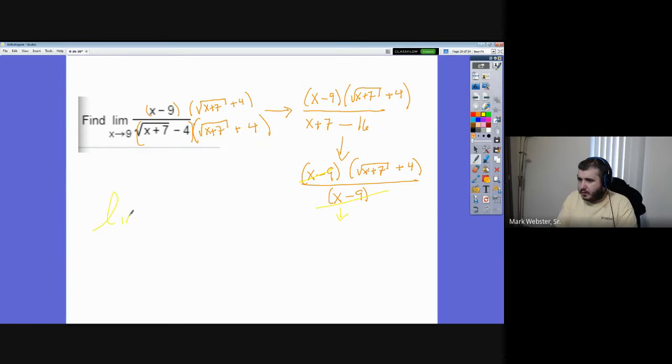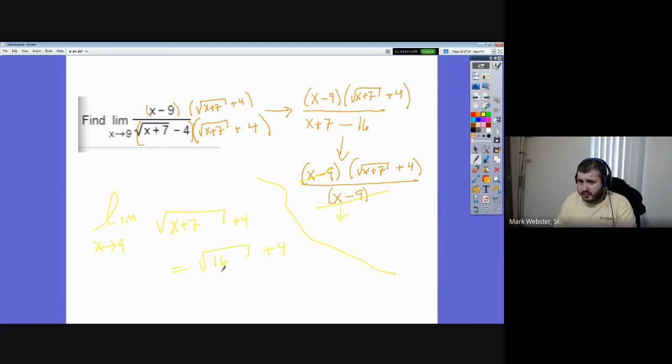The limit as x goes to 9 of, because the bottom cancels out, we no longer have a fraction, right? Square root of x plus 7 plus 4. If I plug that in, I'm going to get a number because I plug in 9. This equals square root of, well, what's 9 plus 7?